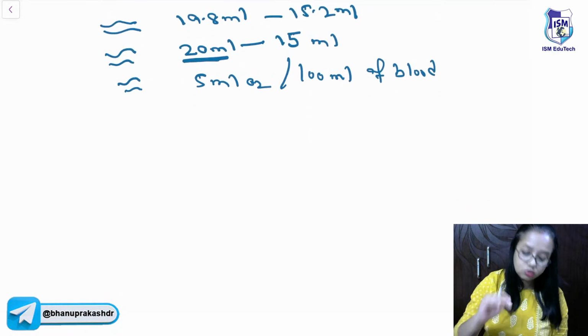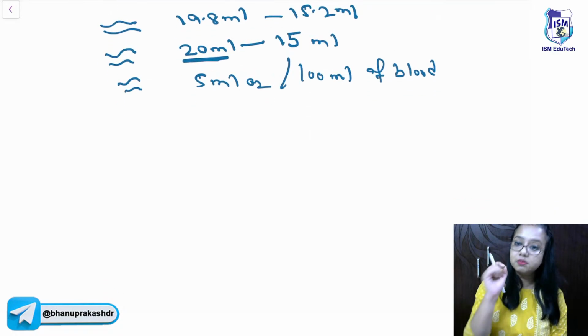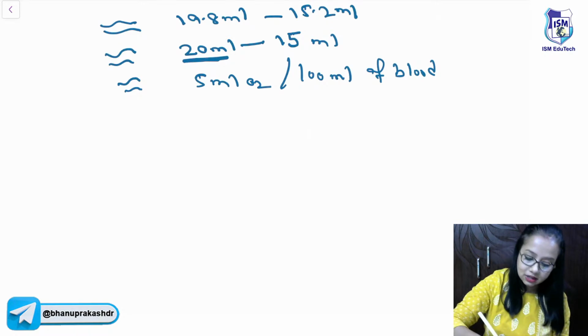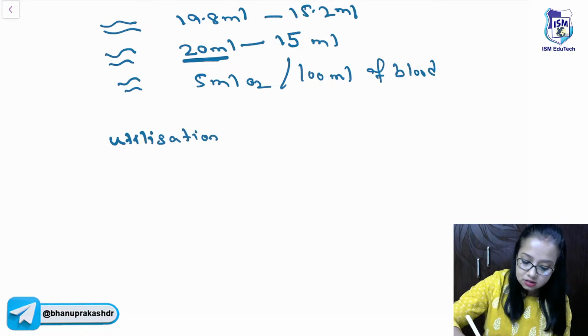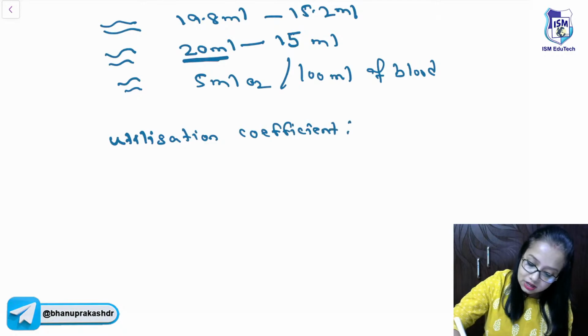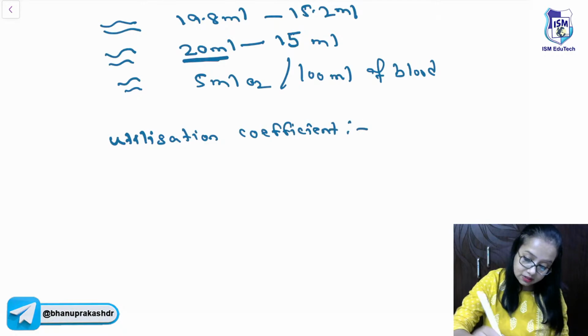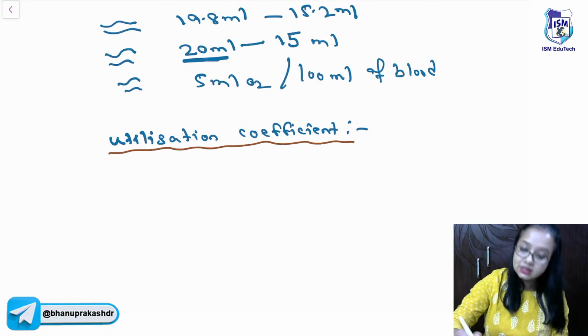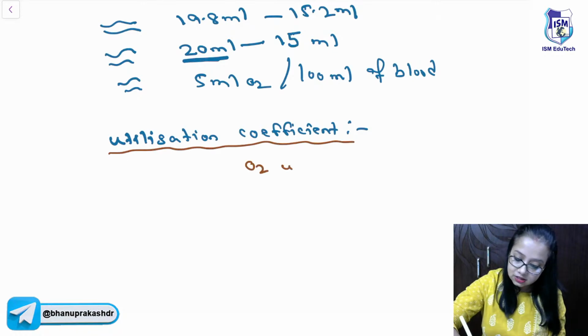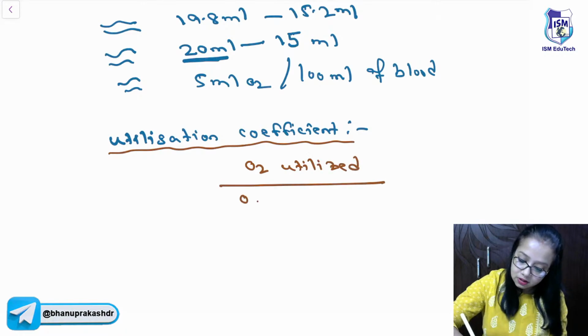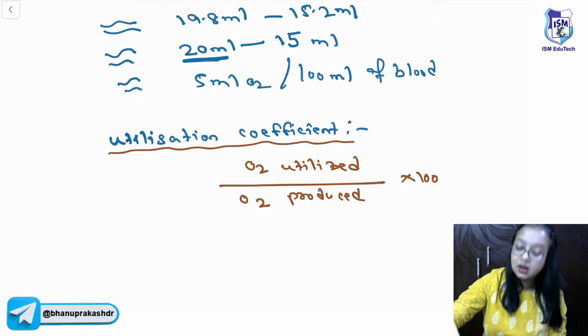To understand that, there is a measurement which we call the utilization coefficient. What does it say? The utilization coefficient is the total amount of oxygen utilized divided by the oxygen produced, multiplied by 100.